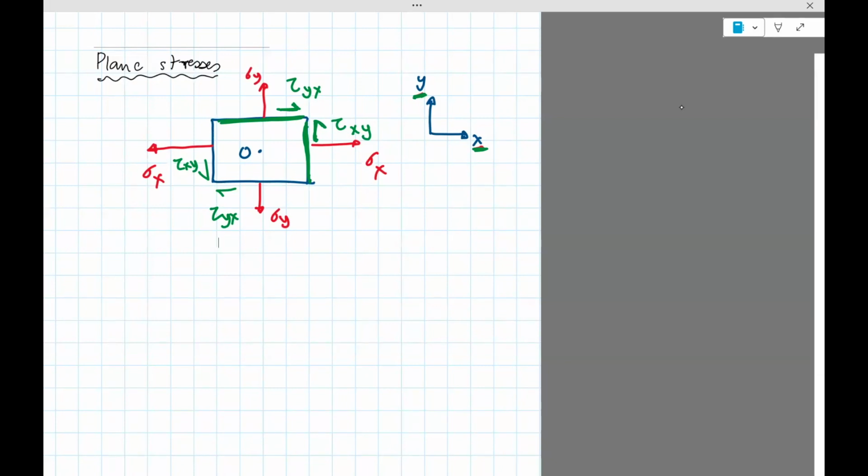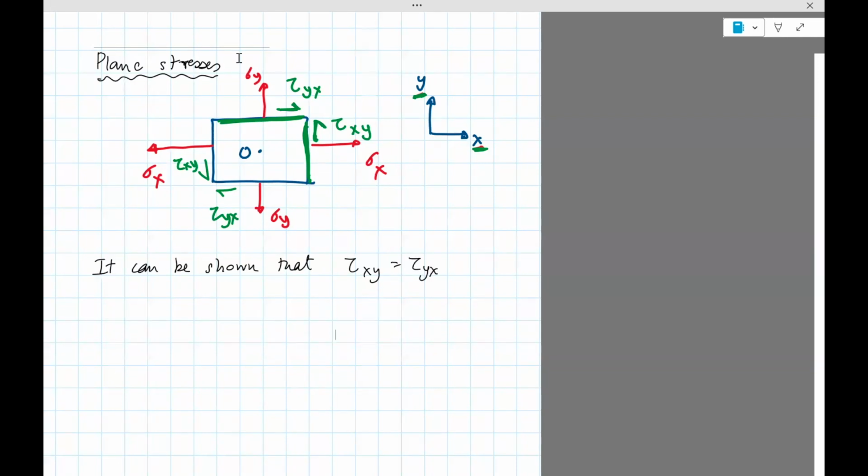Now, there's a derivation which I won't go through, but it can be shown that the shear stresses in the x and y are complementary, which means that tau xy is the same as tau yx. This is always true, and it's true because the rectangle shown cannot rotate.